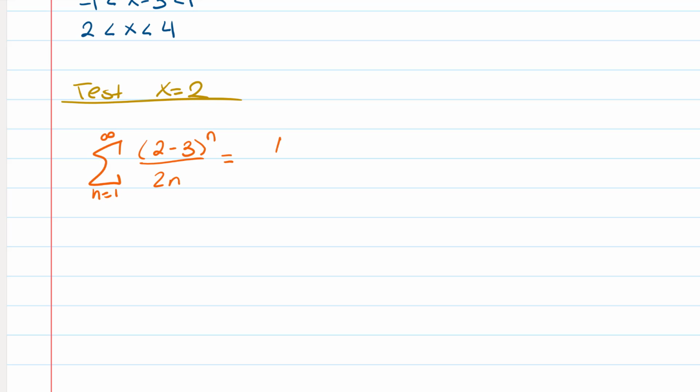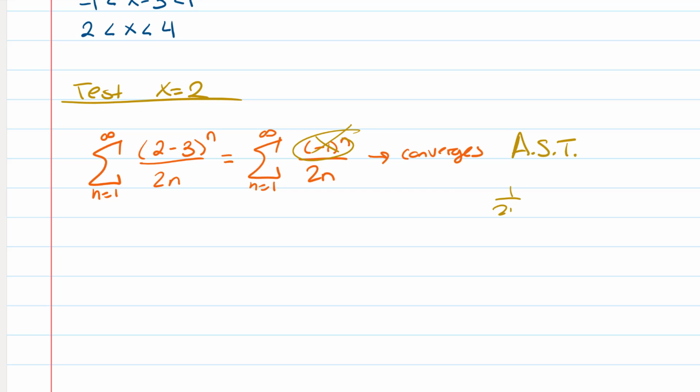And this is going to give me sigma n equals 1 to infinity, -1 to the n over 2n. So I'm going to go ahead and say this converges, because if I was going to use the alternating series test on this, I would ignore this part and it would be 1 over 2n. And when I take the limit as n goes to infinity, I get 0. So by the alternating series test, that will converge.